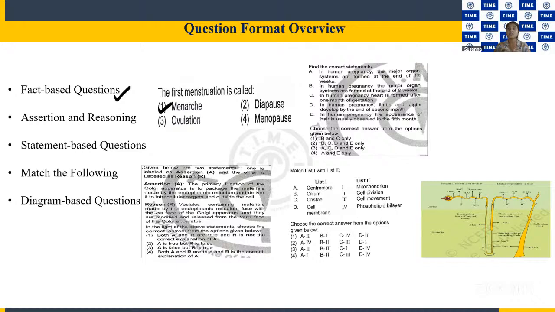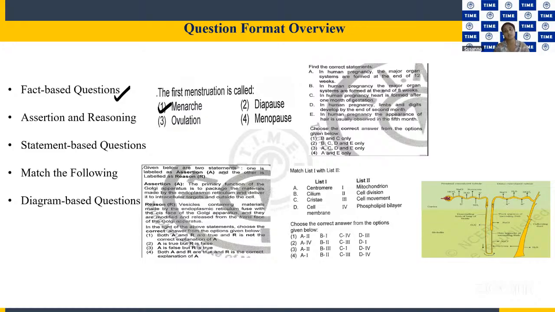Sometimes, normally there will be labelings on the figure. There will be so many terms over there. So they may ask the definition of one single term. They may pick out a term from the figure and ask.